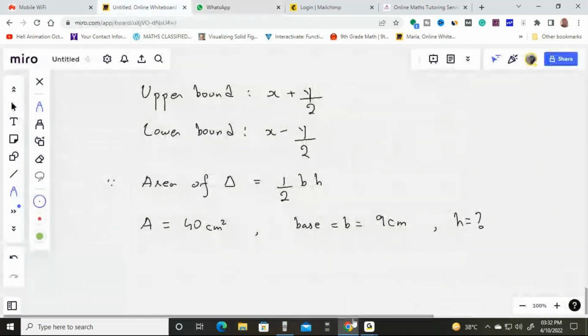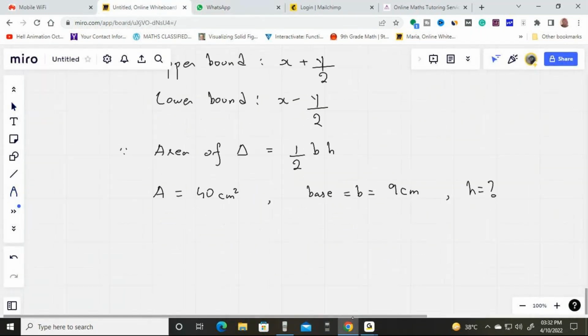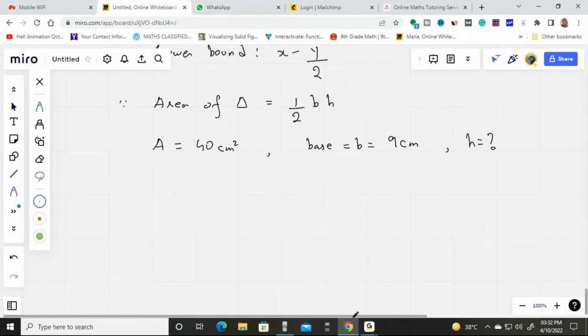So you are actually dealing with the quotient, I mean, you are handling the division format, right? That's the way you get the value of h. As you need to find the upper bound of h, it means you need to divide the upper bound of your area by the lower bound of your base. This is the procedure to find the upper bound of any physical quantity obtained through division.